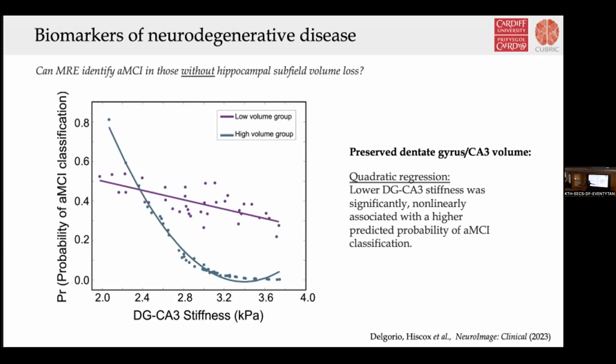But what I think is really interesting here is this quadratic trend, which shows that actually these people haven't undergone any tissue loss yet. However, if you begin to see this lower stiffness occur, they're much more likely to have this condition. So is this telling us something, a process that can be separated in time?